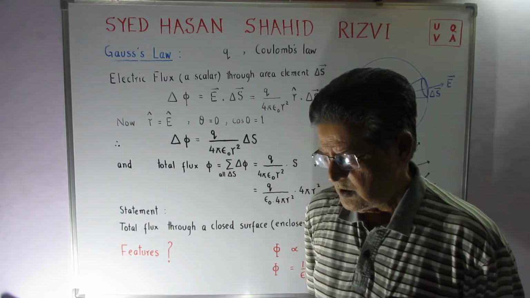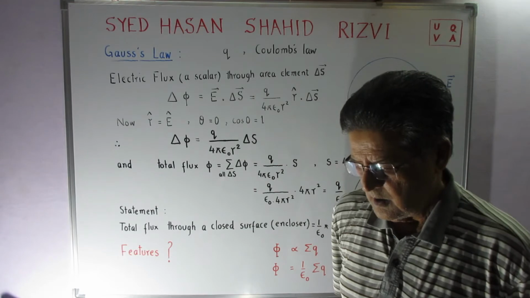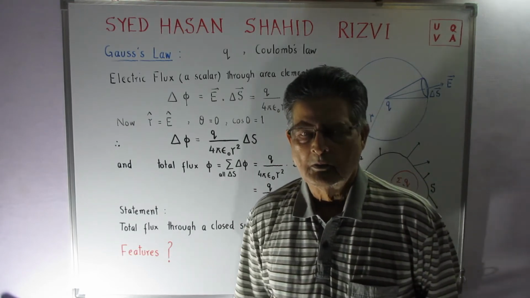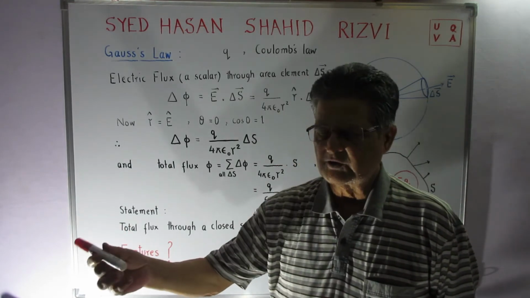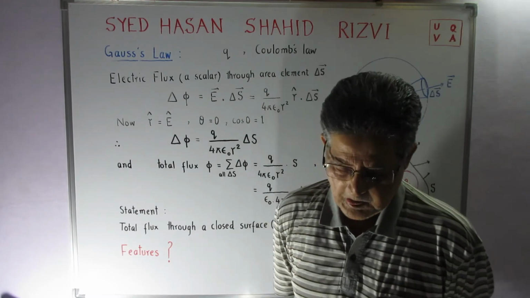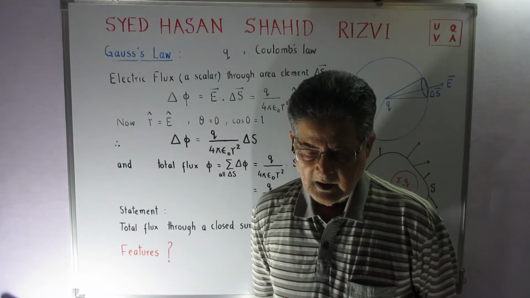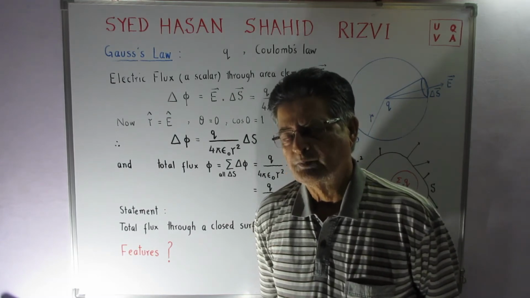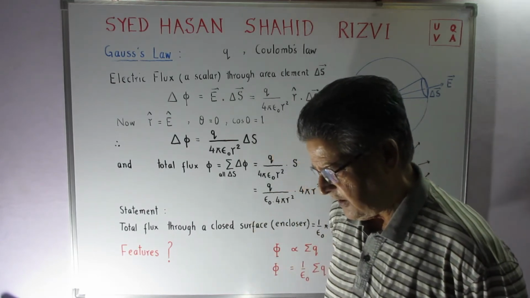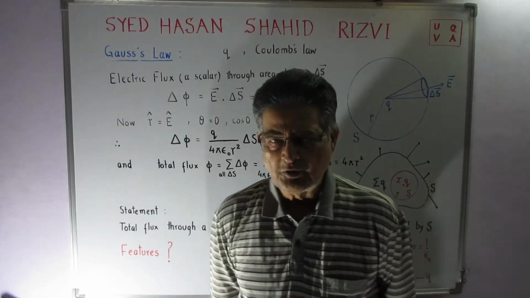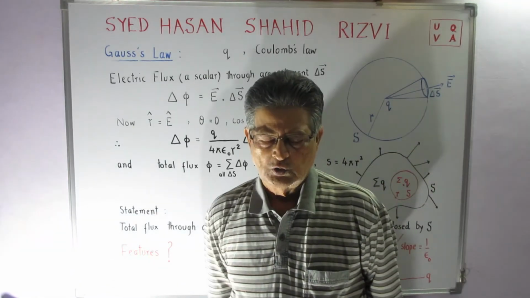And from the enclosure, there is a flux out and there is a flux in. Now let me say that there is a situation where the flux out is equal to the flux in. So what do we infer?